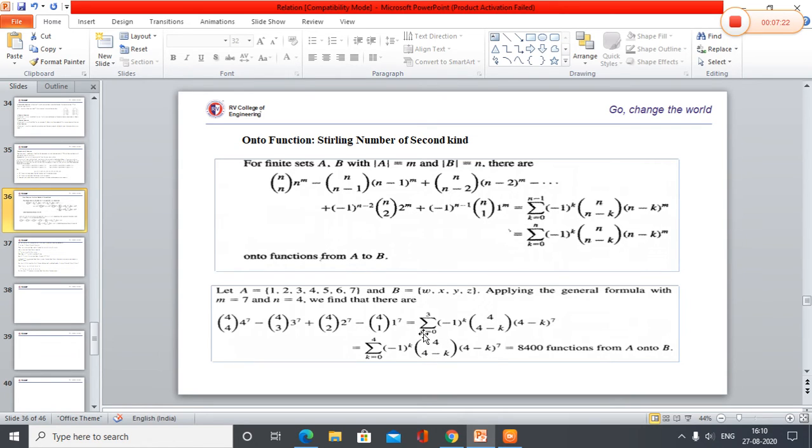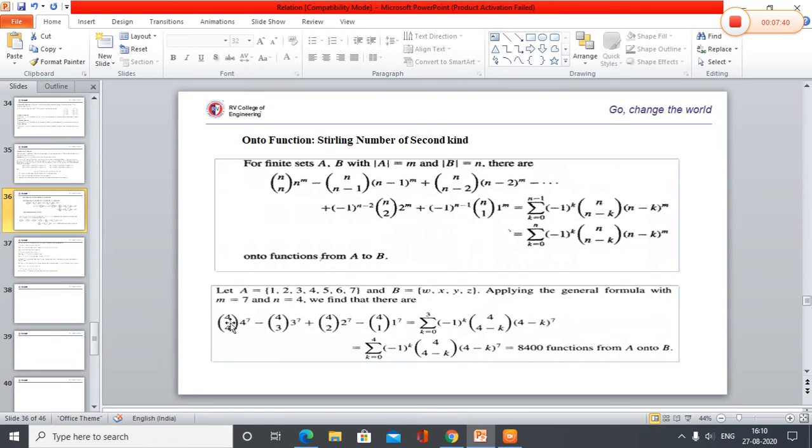When k equals 2, it is 4C2, 2 power 7. When k equals 3, and k equals 4, this is 4C4, and we know how to find the NCR. The formula of NCR is n factorial upon r factorial into (n minus r) factorial.